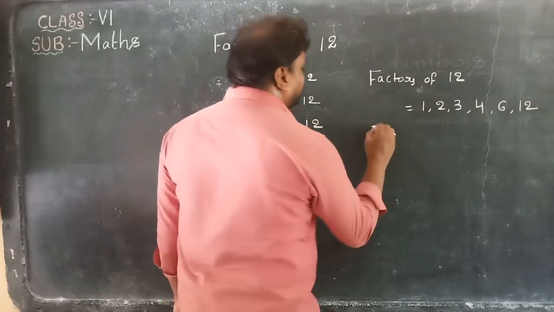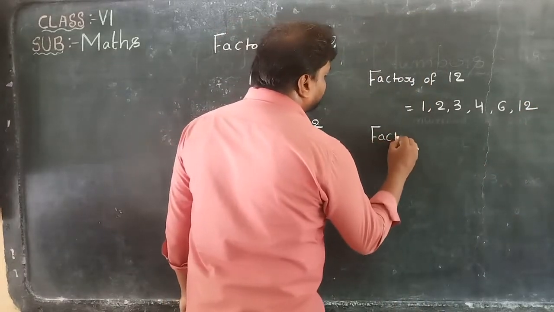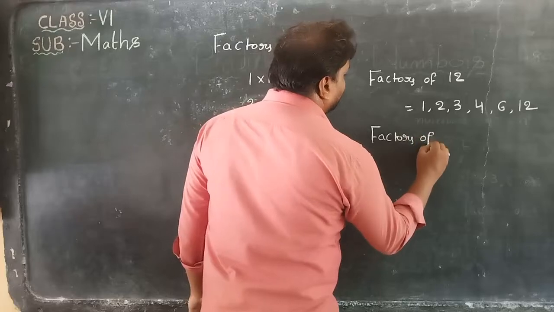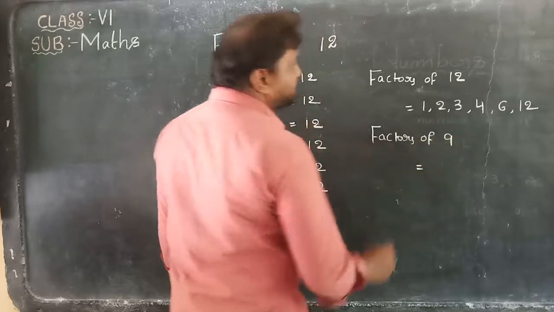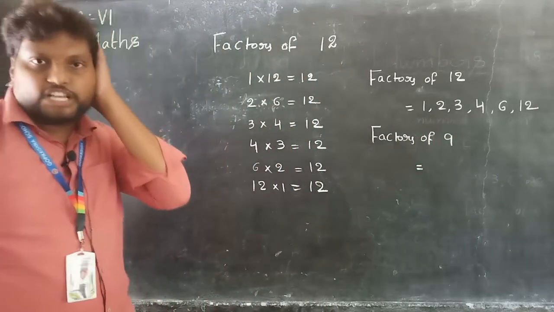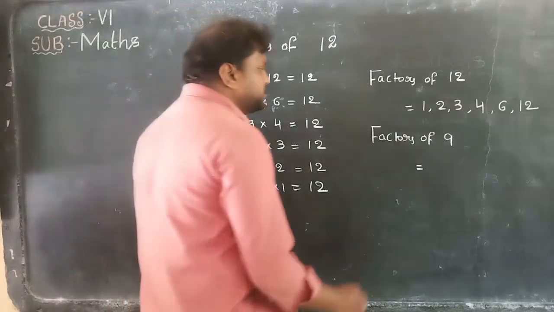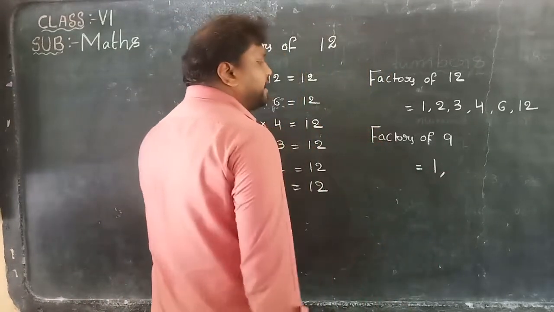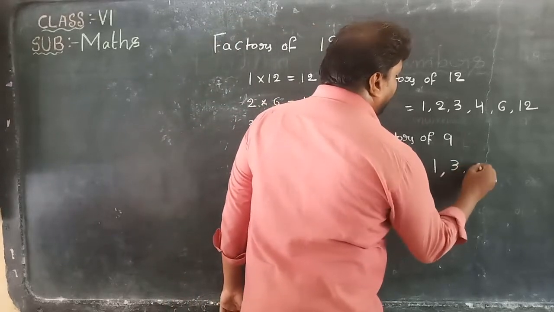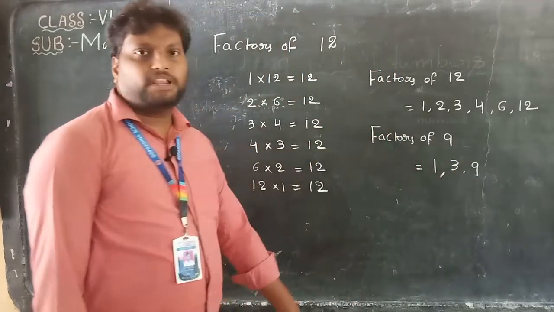In case factors of 9, just guess: 9 is in which table? Otherwise, 9 is divisible by which numbers? 1 table is there, so it is divisible by 1, 3 and 9.